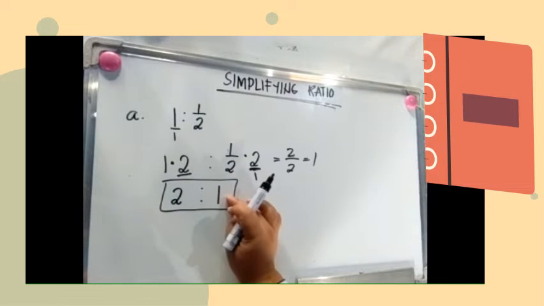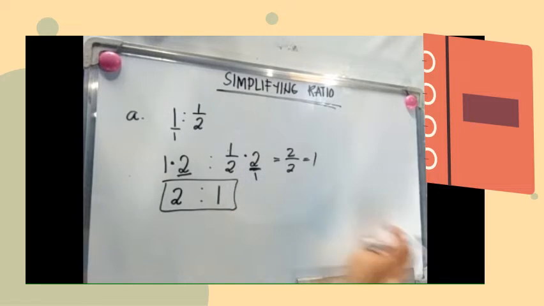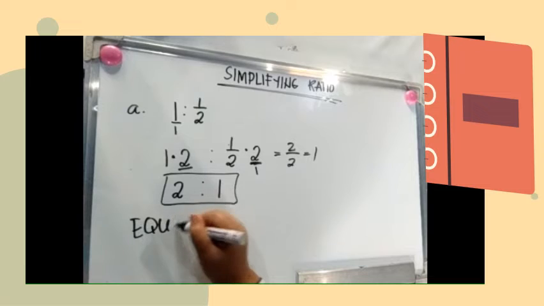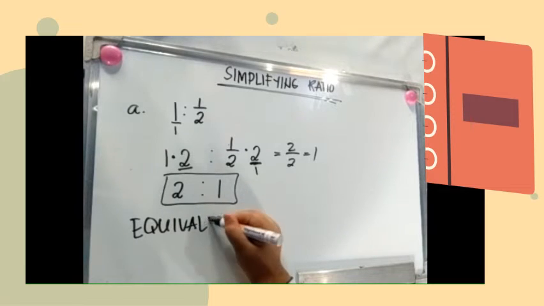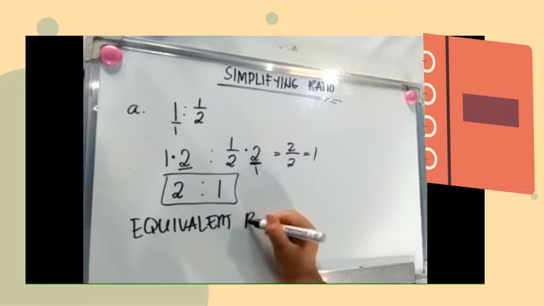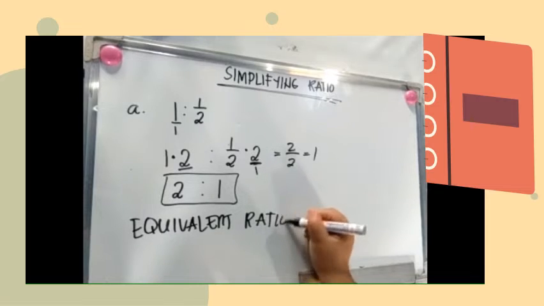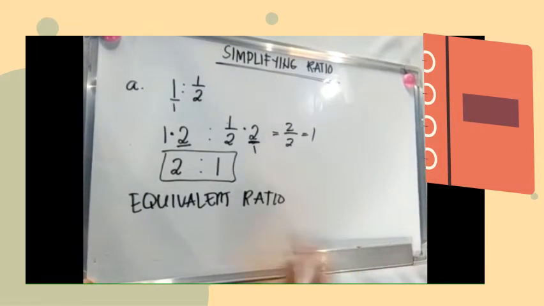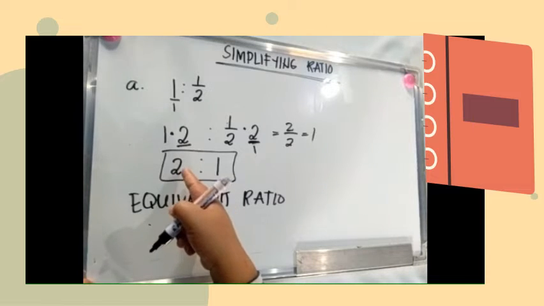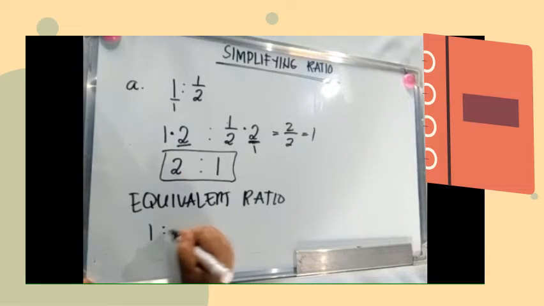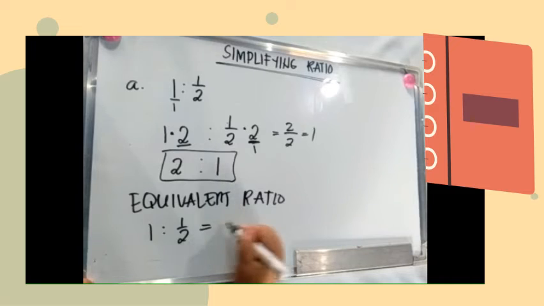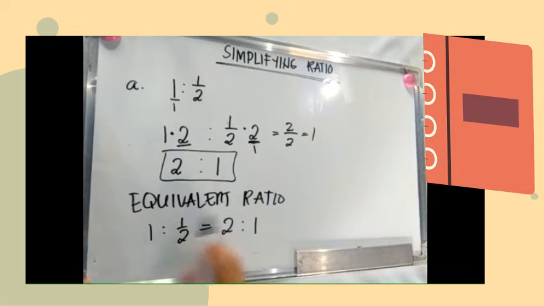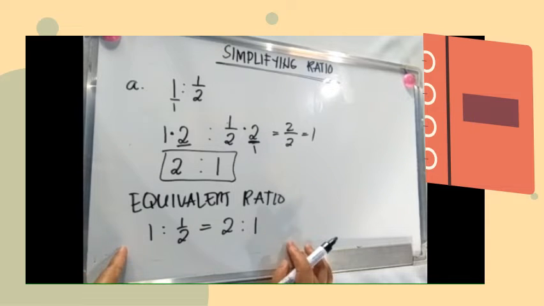They are equivalent ratio. Unsa din ang equivalent ratio, class? For example, 1 is to 1/2 is equal to 2 is to 1. So, they are example of equivalent ratio.